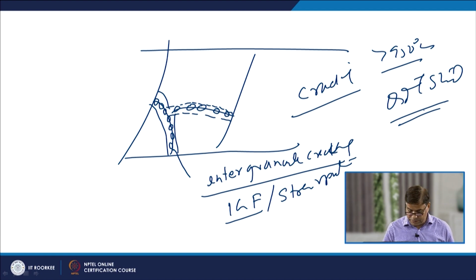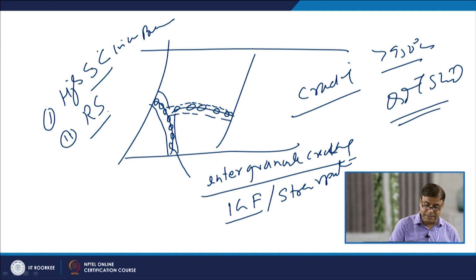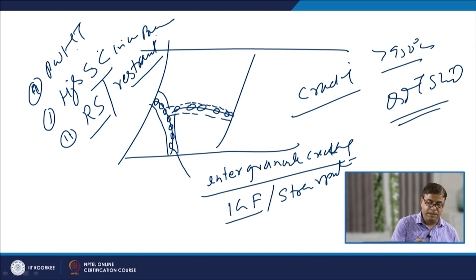This kind of cracking is promoted especially when high stress concentration is present in the weld joint, or higher residual stresses are present, or especially due to welding under high restraint conditions, or unfavorable PWHT has been given.